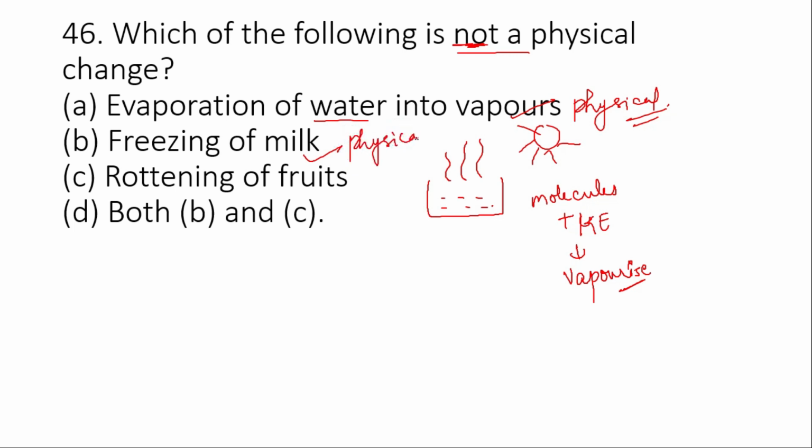Rotting of fruits. Yes, whenever fruits are getting rotten, rotten means spoiled and overripe, so in that you can say there is a chemical reaction. So the correct option will be option C, that is rotting of fruits.